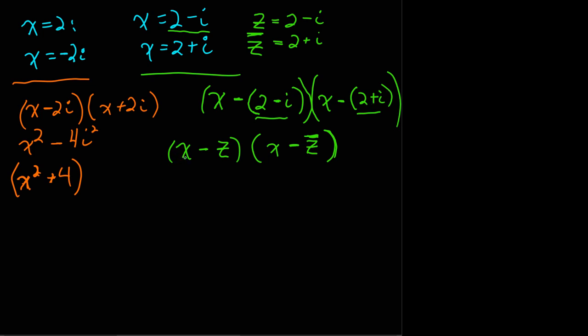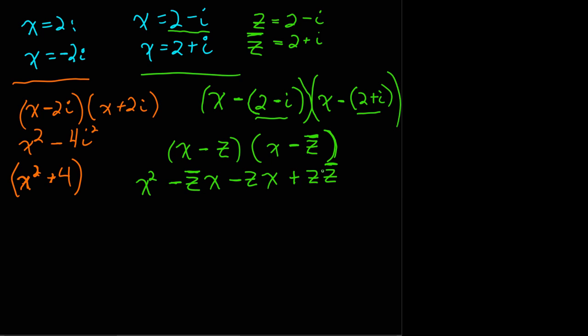So if I do my first part here, I get x squared, firsts. My outers, I'm going to get minus the complex conjugate times x. My inners, I'm going to get minus my complex number times x. And then in my lasts, I'm going to get plus z times its complex conjugate.